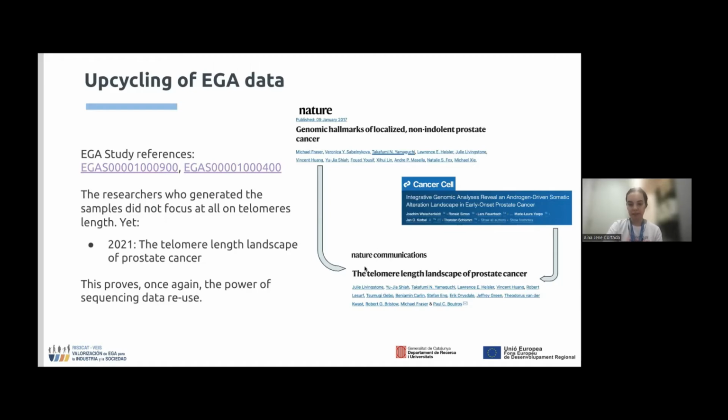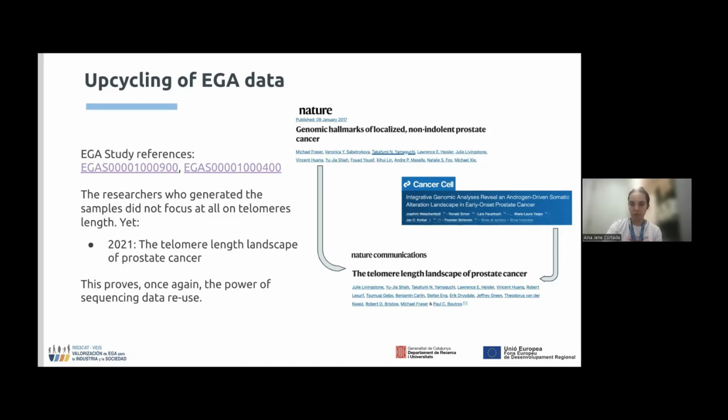Years later, in 2021, this data was downloaded and reused by a third research group that discovered a correlation between telomere length and several cancer features. As we see here, this is a great example of the power of sequencing data reuse.